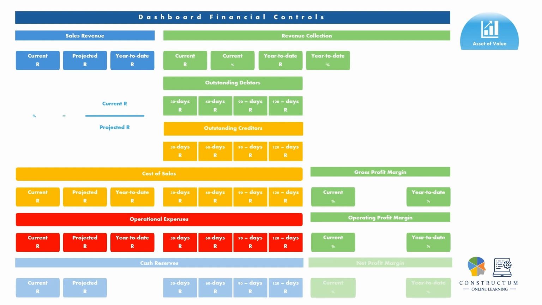The last profitability ratio to include is net profit margin, which is equal to net profit over total sales revenue. All of the information reflected in the profit and loss statement. This measure is super important because it shows how much net profit the business generates for every R1 of sales revenue. In conclusion, implementing financial controls allows the business owner to set goals and monitor progress.